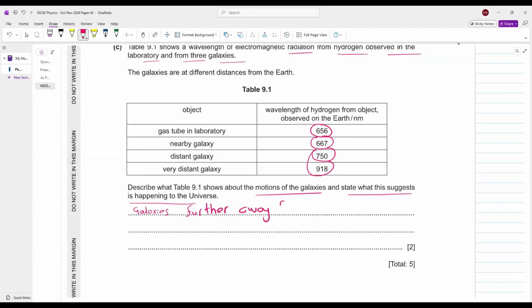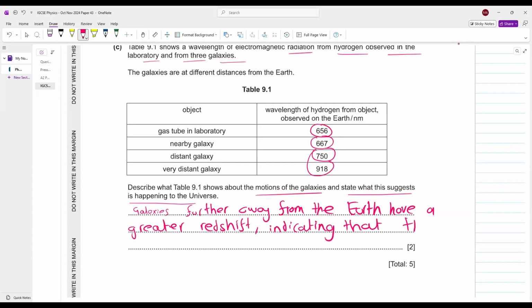Galaxies further away from the Earth have a greater redshift, indicating that the universe is expanding. Simple as that.